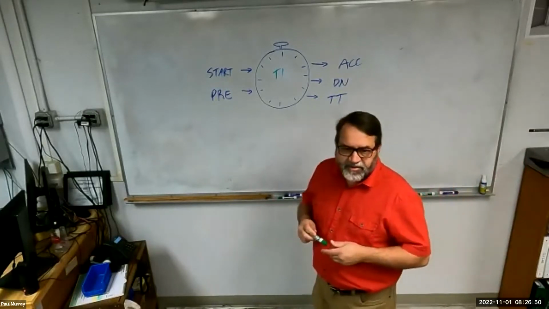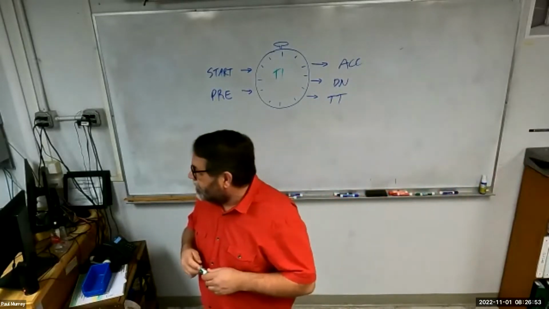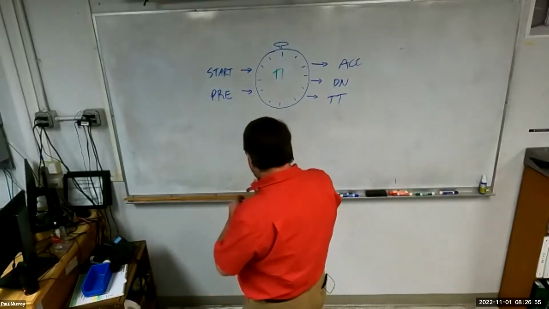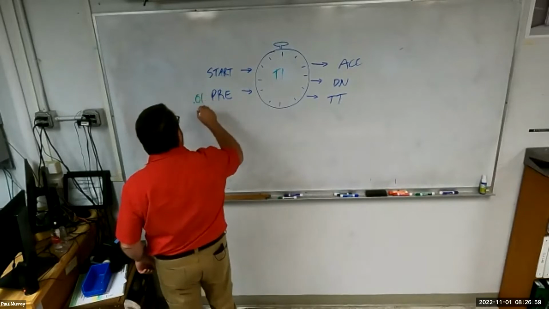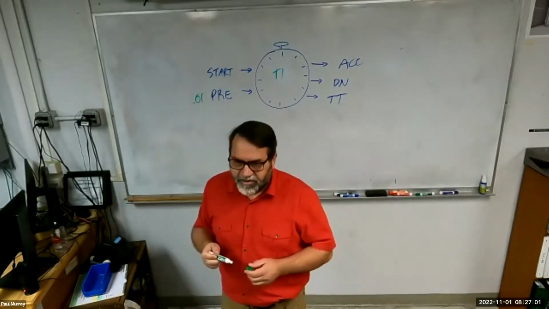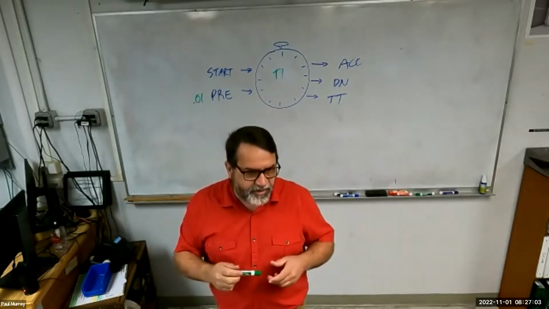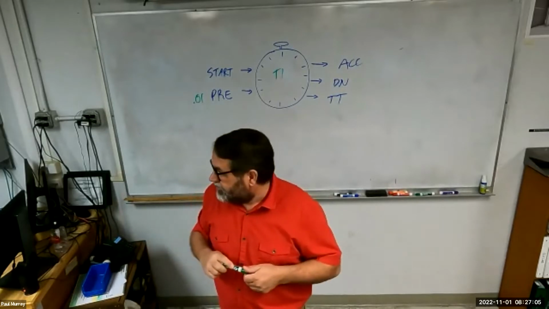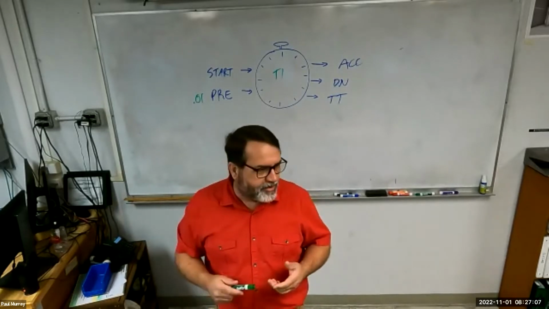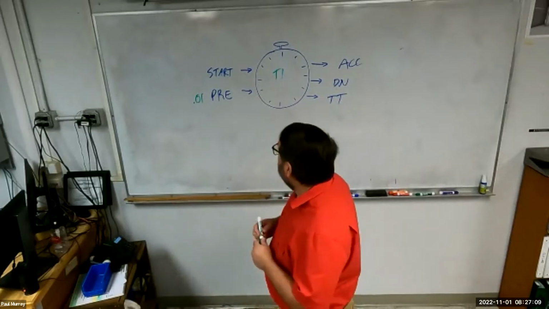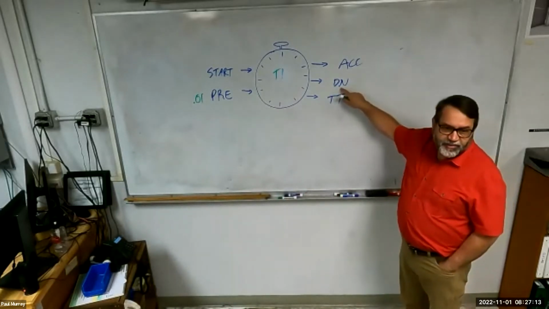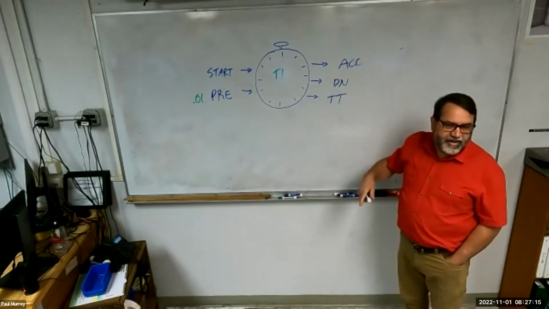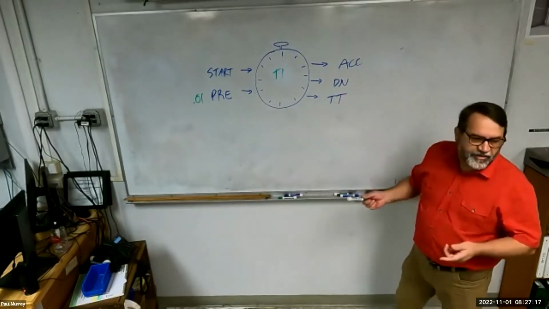If I need an instantaneous signal, I'm just going to put in a timer with a preset of like 0.01. So I've got a timer that runs for 1/10 of a second, which is almost no time at all. And when that timer finishes, my done bit is going to go hot for one cycle of the scan, and then it's going to go cold.